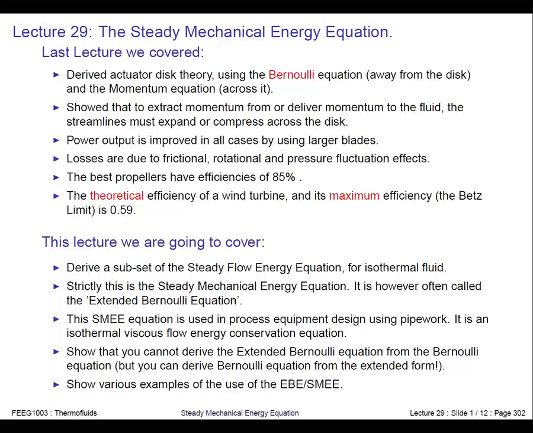You can't start from the Bernoulli equation and work your way back up, because the whole principle of the Bernoulli equation is that it's inviscid, and if you start making your fluid viscous, then your Bernoulli equation just doesn't apply anymore. Okay, so let's get going and work out where we go.